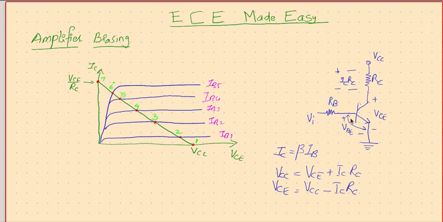Only then the transistor action will start functioning, and because of which the base current is going to decide the collector current depending on the ratio of impurity added to the base and emitter regions. So depending on the impurity ratios between base and emitter, this beta is decided, and that beta is going to decide what should be IC. IC will be beta times IB, and this IB is going to decide IC.